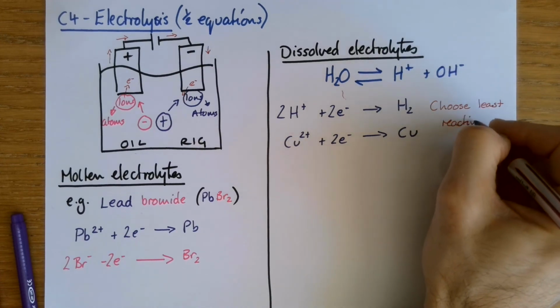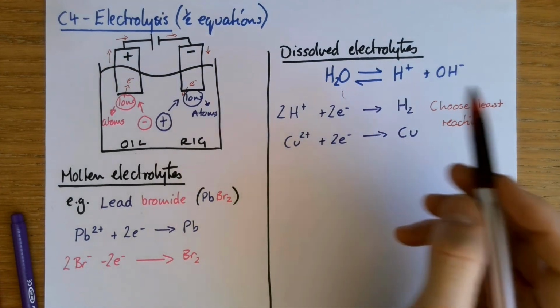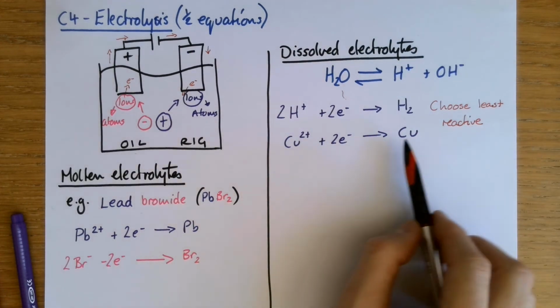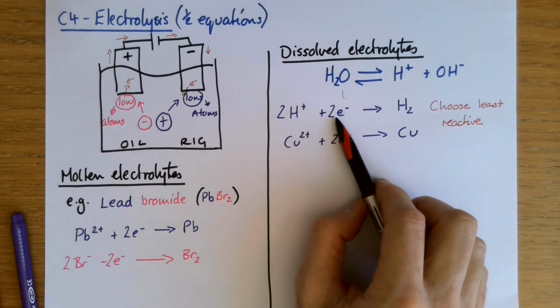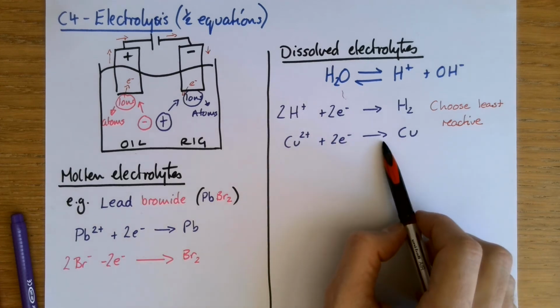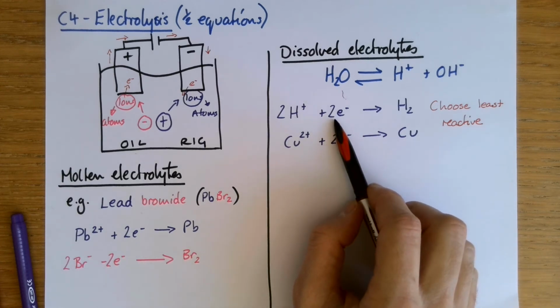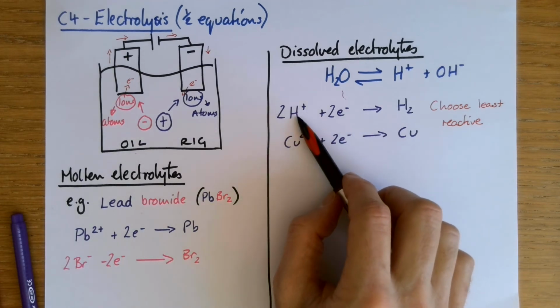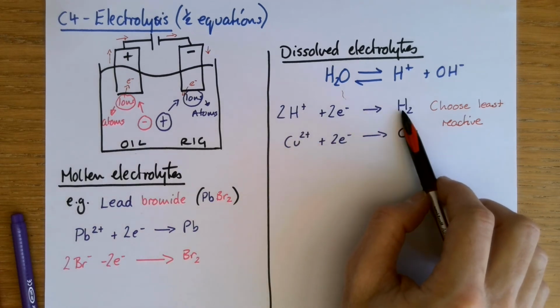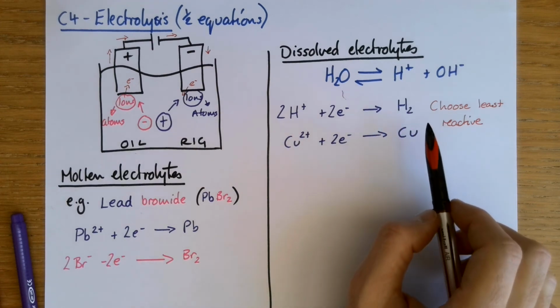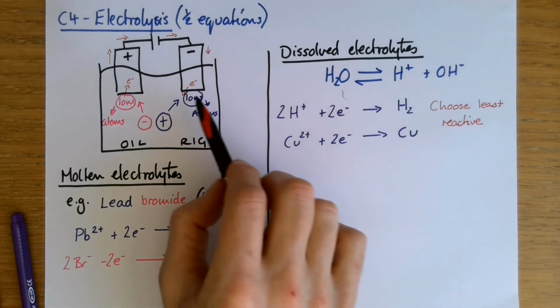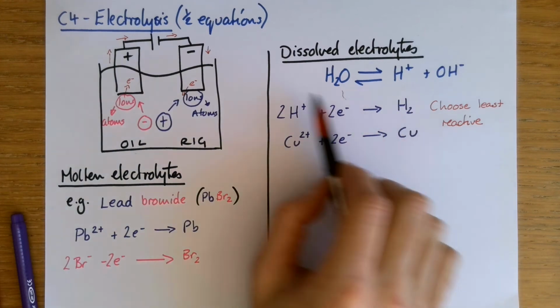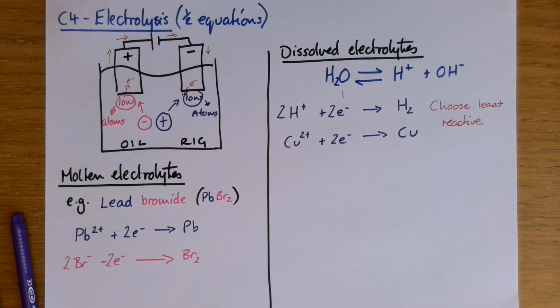So if your electrolyte contains hydrogen or copper, copper is less reactive than hydrogen in the reactivity series, so you're going to produce copper instead of hydrogen. If you look in the reactivity series, and if your metal, such as lithium for example, is more reactive than hydrogen, then this is the equation that you go for. So we always choose the least reactive when we're talking about a choice between different ions at the cathode.